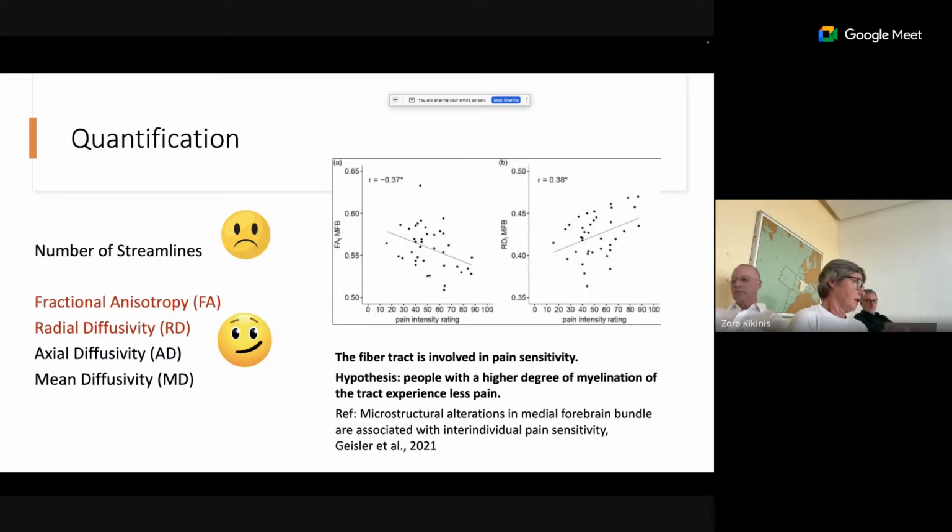So if FA goes down and RD goes down, that might represent myelination. And this is something biological that people like to read from the data. But again, one has to be very cautious. This is just diffusion. This really doesn't describe the characteristics of the fiber, and especially with reviewers, it's very difficult to not over-interpret the data.